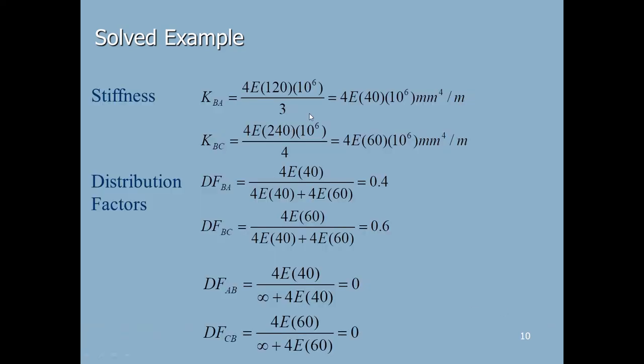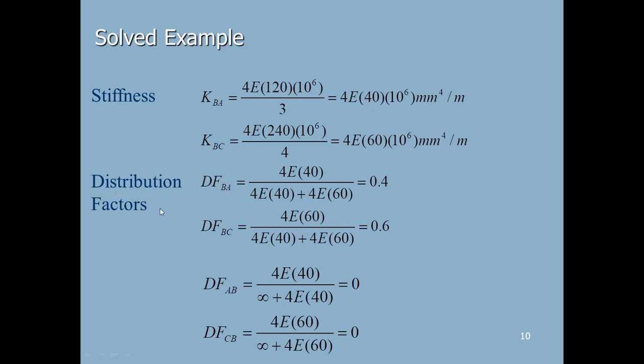First step is to find these stiffness factors, KBA. So we will substitute the values. The formula is 4EI by L. I is given in this question, so we substitute by these numbers. L is 3. Then we calculate KBC, 4EI by L again, so we got these values.